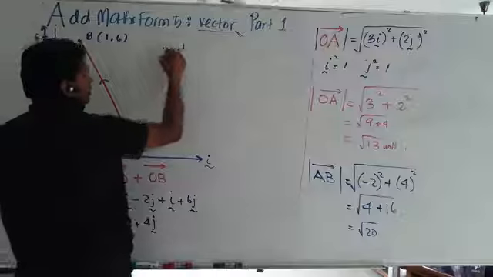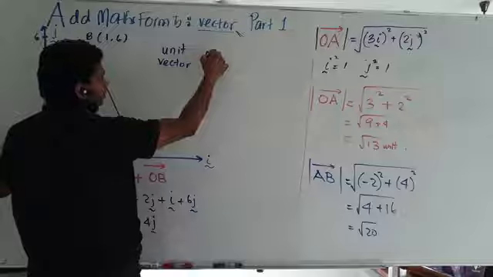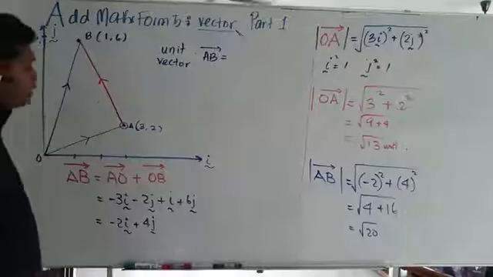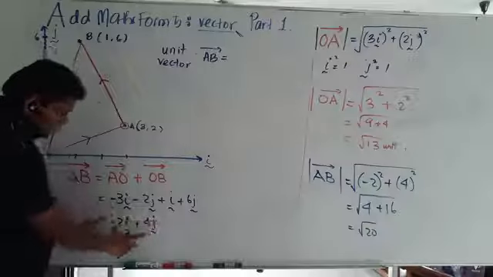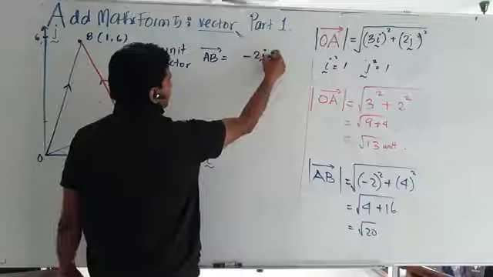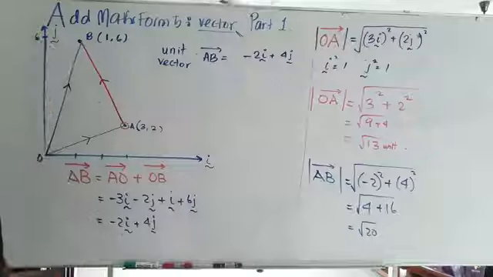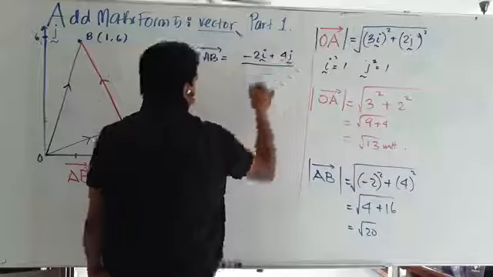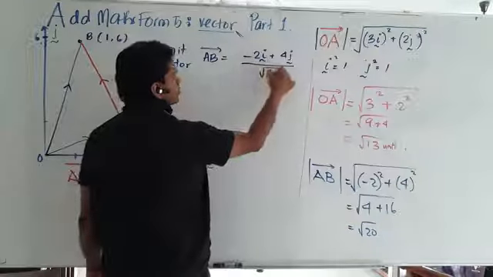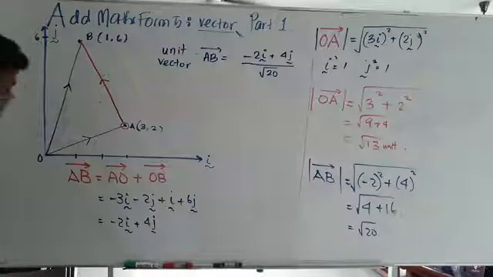So, the unit vector of, let's say, AB, is take that vector, negative 2i plus 4j, over the magnitude of AB, square root 20. Are you following me? That's the answer.